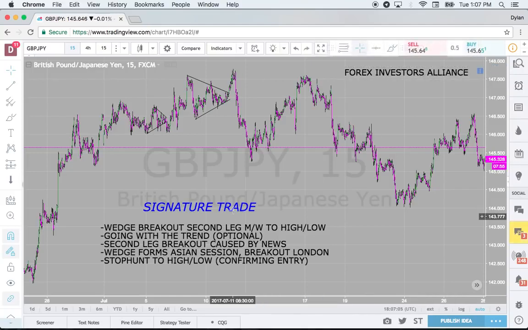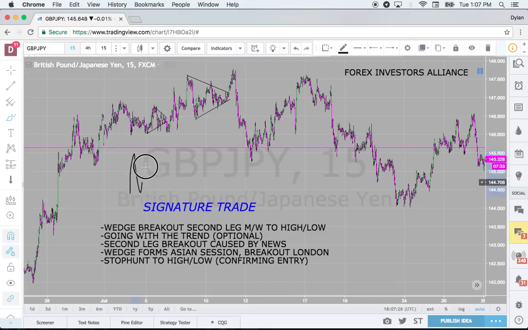What we're going to be looking for is based off of the M and W formations that we have traded in the past and will be continuing to trade. Basically, what we will be looking for are wedge formations.